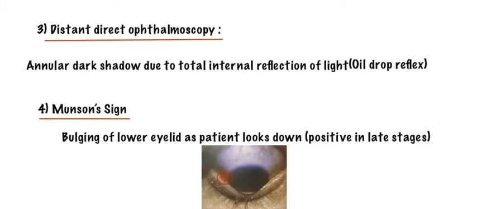So the bulging of the lower eyelid as the patient looks down is known as Munson's sign. Munson's sign is a very important MCQ.